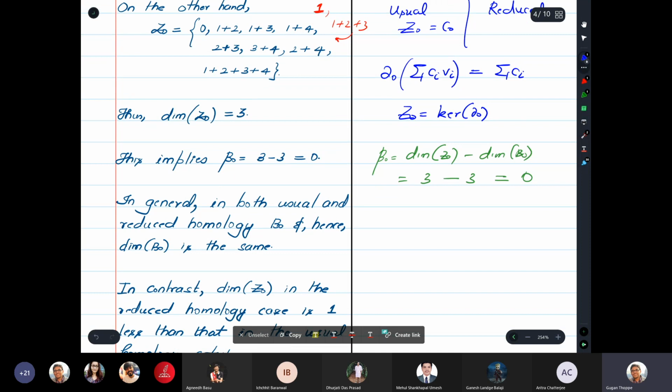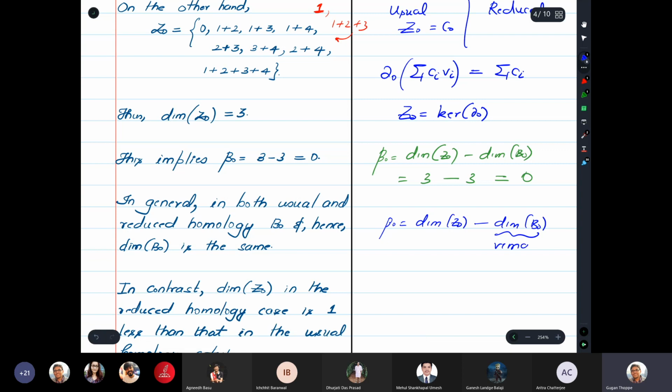Furthermore, what we now interpret is that beta 0 is the dimension of Z0 minus the dimension of B0. This part remains the same in both the usual and the reduced homology framework. So whether we work with usual or reduced homology, this part of the calculation doesn't change.